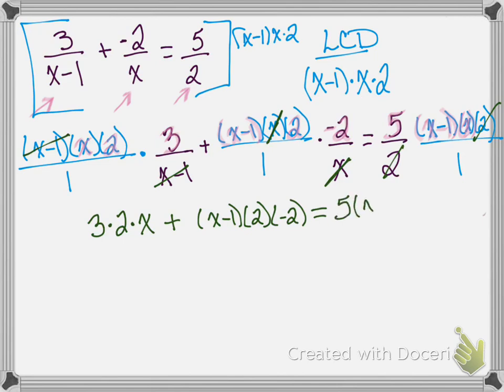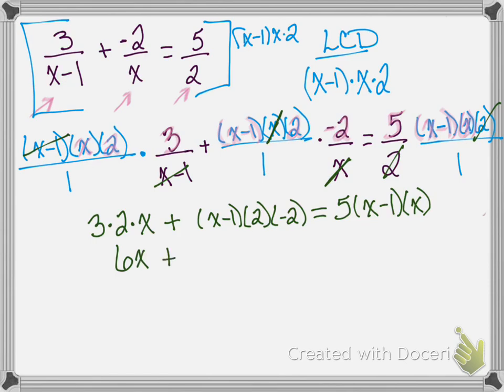Now, this is a little bit messy, but we now have an equation that we can solve. We've got some work to do on it, but we know how to solve this. So I'm going to simplify a little further so that we can keep it all together. 3 times 2 is 6, times x is 6x.